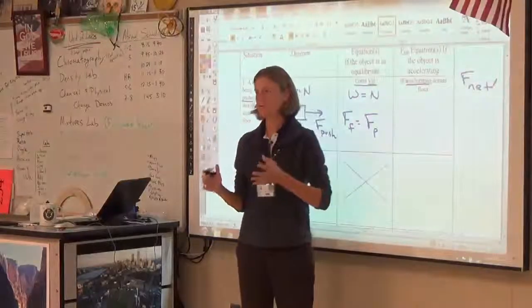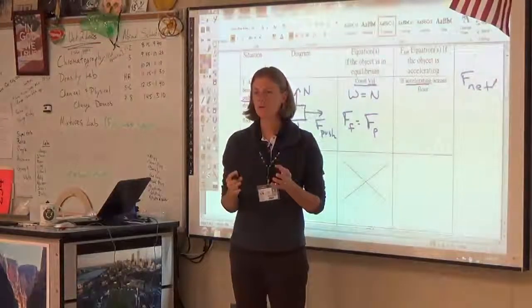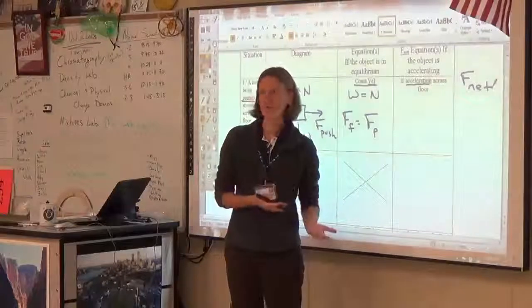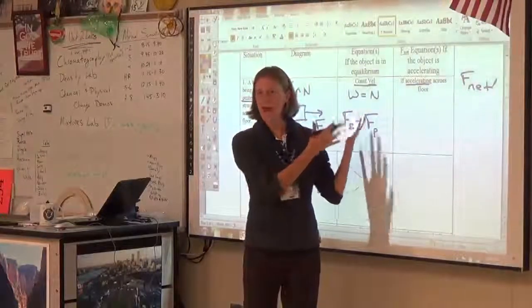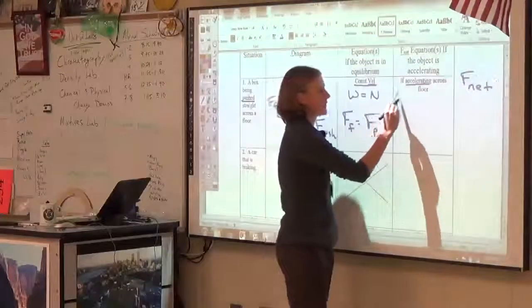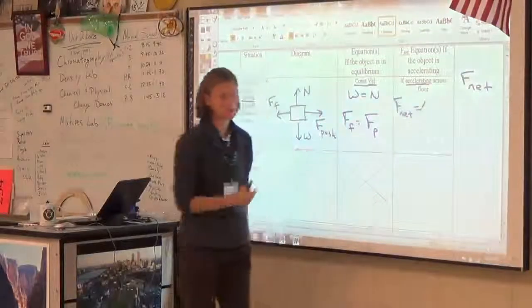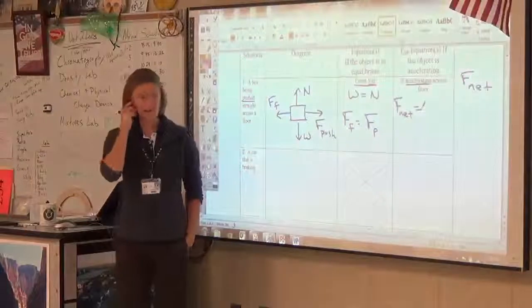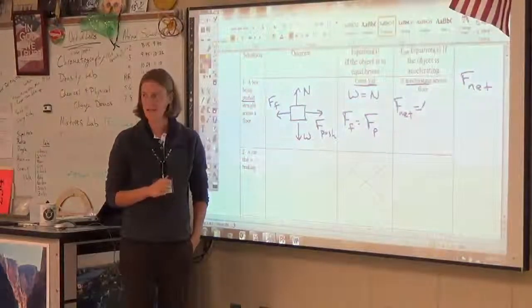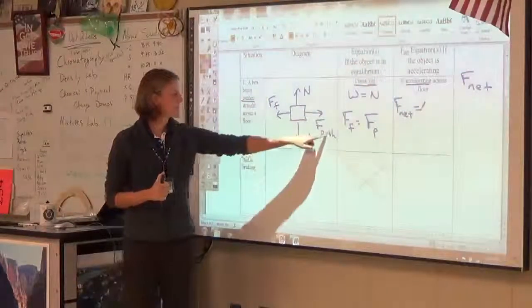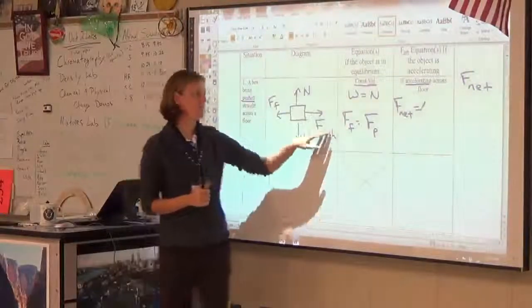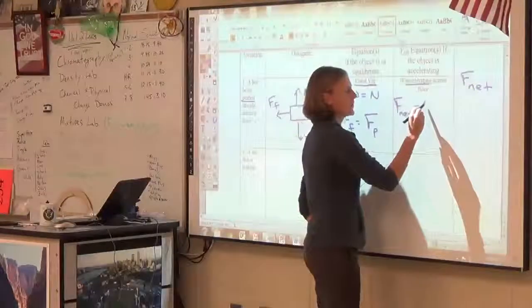Now here's always some confusion I see. The net force, it's not like it's an extra force. It's just the sum of what you have. So the net force, this is just an equation you can come up with. In this case, assuming the push force is greater, would be equal to what? Very good, F push minus friction. So F push would be our big force, sort of the one that's winning out.